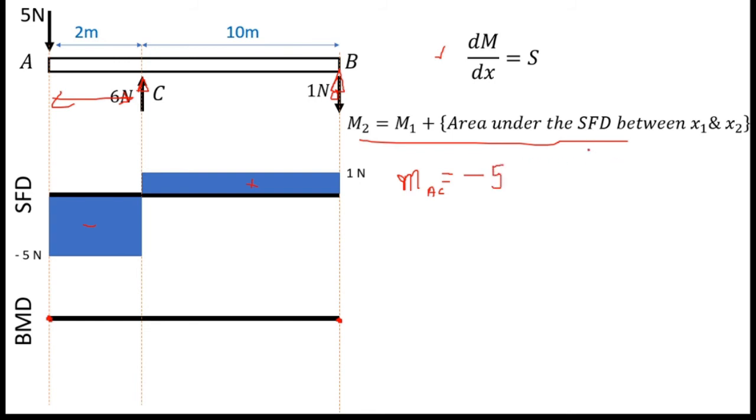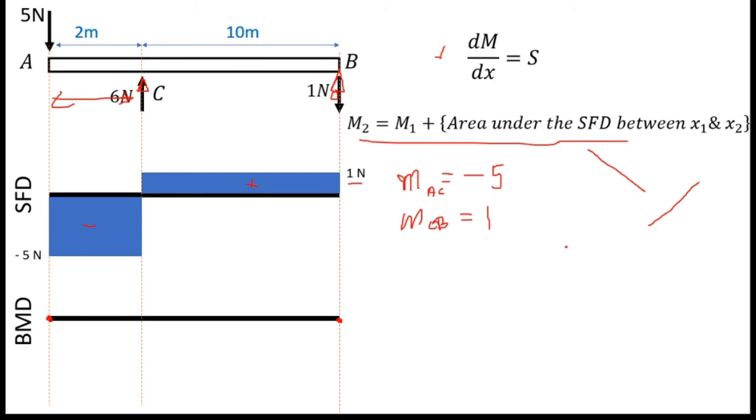Minus slope means this kind of line, right? I will roughly go here, and I will show a clearly drawn picture later. That is for the slope of the AC segment. For the CB segment, I will write slope of M_CB equals shear force. The CB segment shear force value is 1. So the slope of M_CB equals 1. That means positive slope, right? So it's like this.